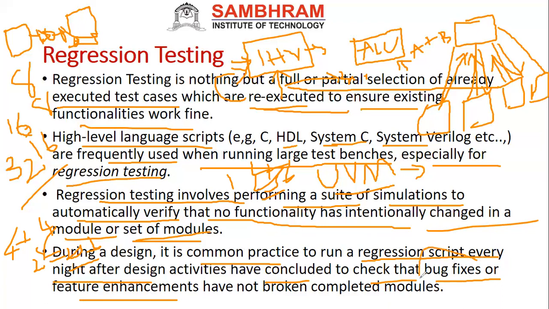If there is any bug or error, we can troubleshoot, right? We check that the bug is fixed and that feature enhancements have not broken completed modules. This is one of the very important verifications, the regression testing.